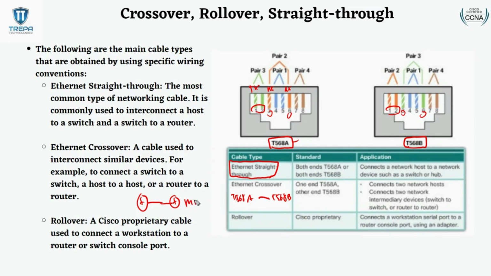It's called MDIX. You won't be tested on this, but it's good to know that if you're working with legacy equipment, like switches from the early to mid-2000s, and you're connecting them to each other and not getting anything, you may need a crossover cable, because back in the day, similar devices needed a crossover to communicate.